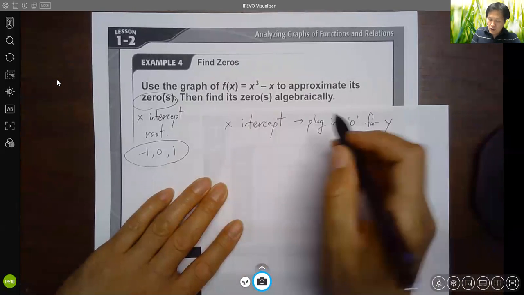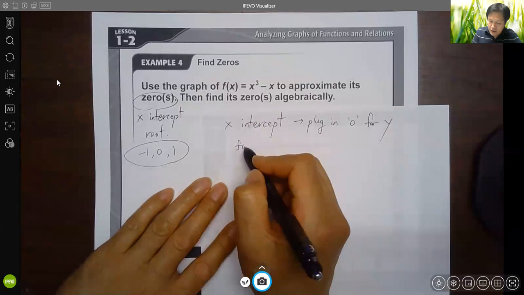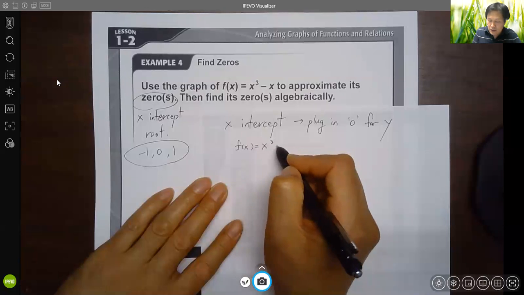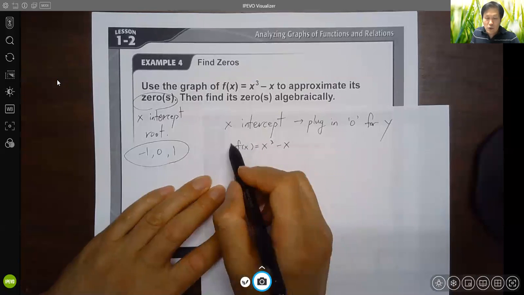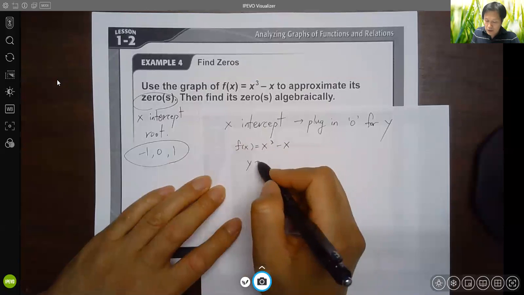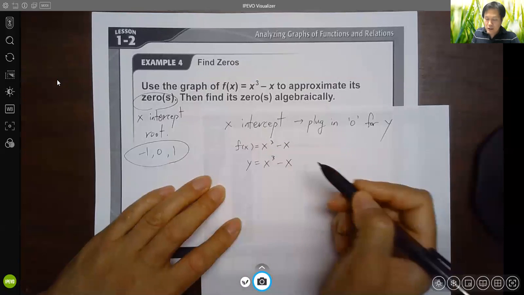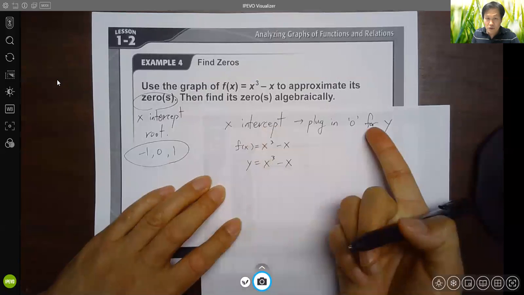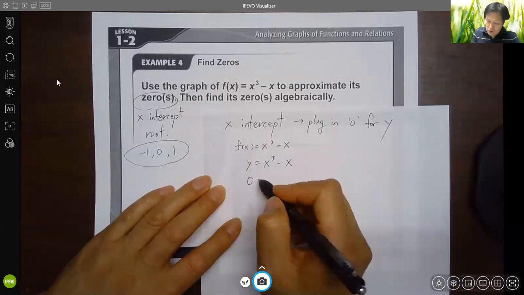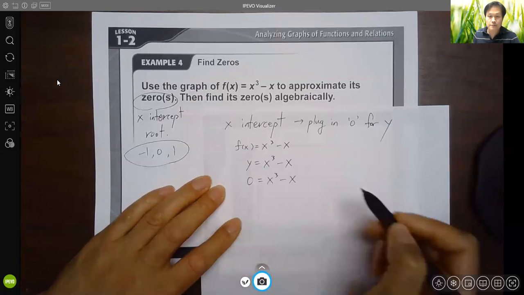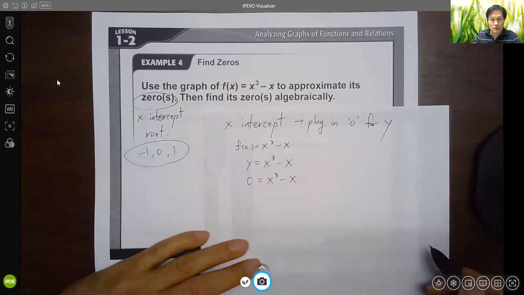Very simple. f of x equals x cubed minus x, and f of x is y. So y equals x cubed minus x. To find the x-intercept, plug 0 for y: 0 equals x cubed minus x.